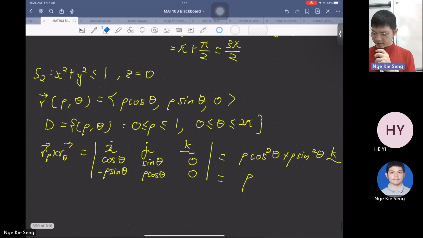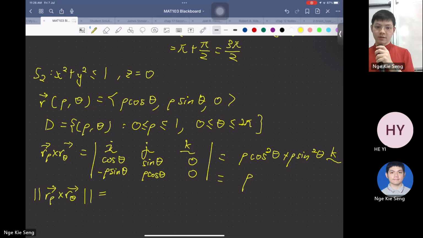So what's the length of this vector here, or the area of the parallelogram in our integration? This is just rho.